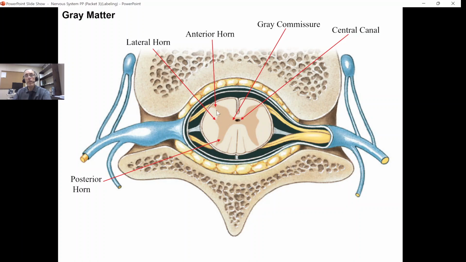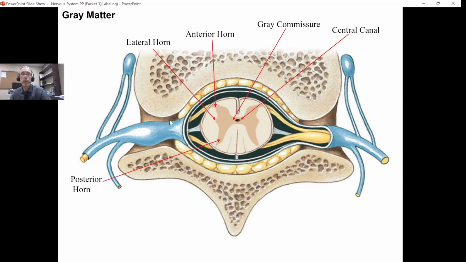So this is where the cell bodies of somatic efferent neurons live. If you remember again from previous lessons, somatic means body wall. So the cell body would be right here. The axon would go out this way and then go to a skeletal muscle and cause your skeletal muscle to contract. All right, so basically sensory goes in the back door, motor goes out the front door.